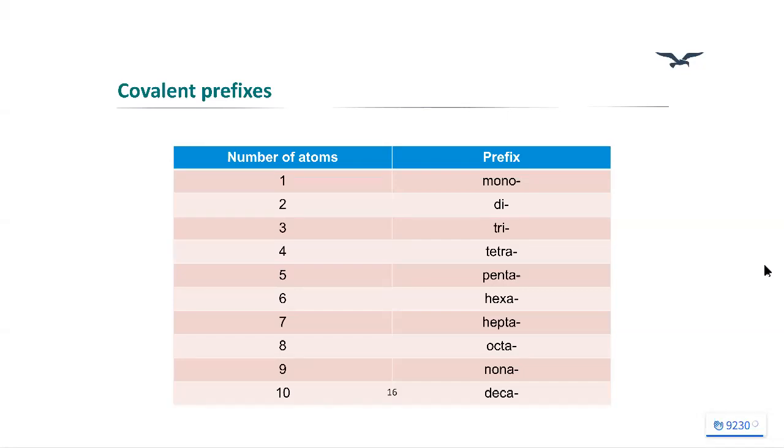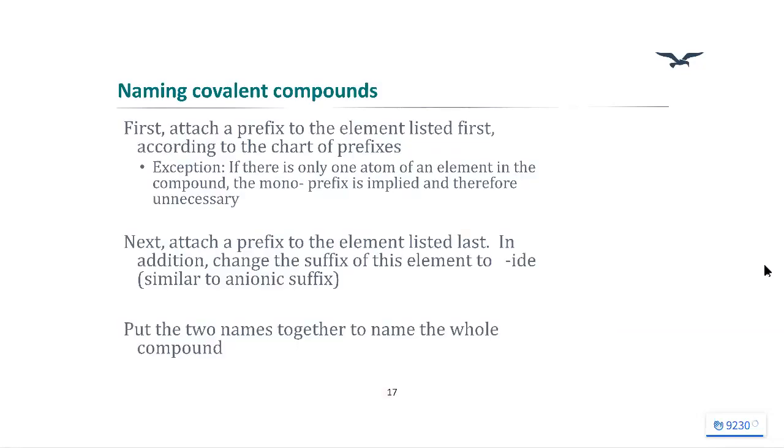How do we use these prefixes to ultimately help us determine what the name of a compound is? Well, this is where the structure is very similar to ionic compounds. We go in order. First element first, second element second.